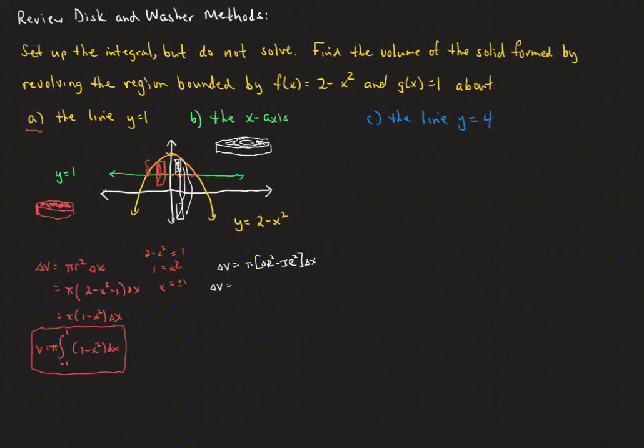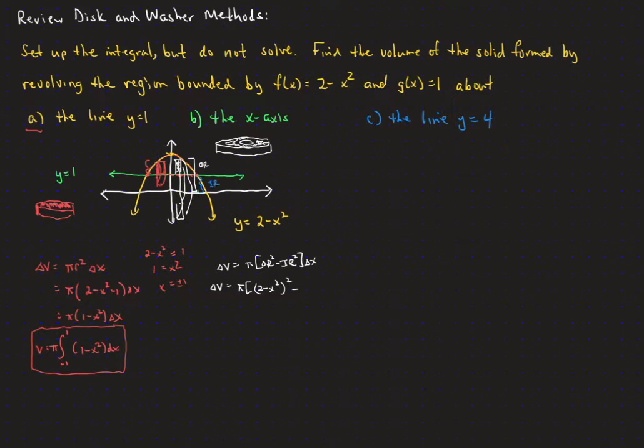The outside radius is going to be that distance from the edge of our solid to the axis of revolution. Since that's vertical, we're going to go the top curve, which is our parabola, 2 minus x squared, minus the bottom curve, which is just 0, the x-axis, and then that's going to be squared, minus the inside radius, which is going to be the distance from our axis of revolution to the hole.